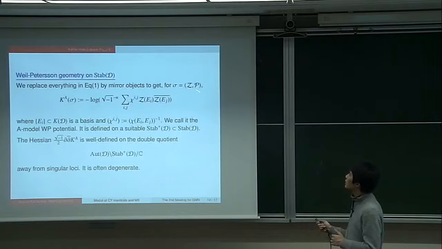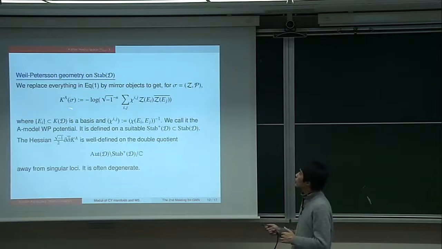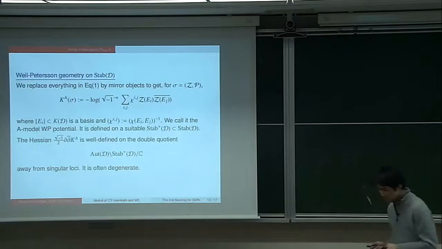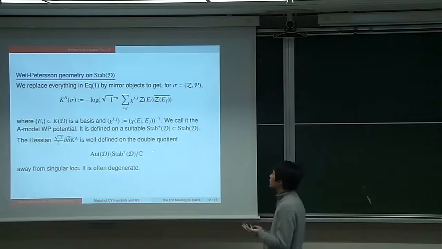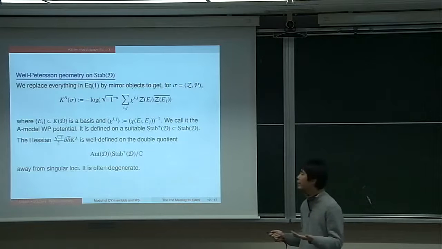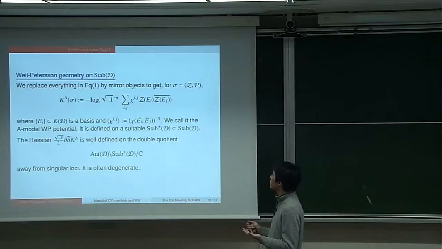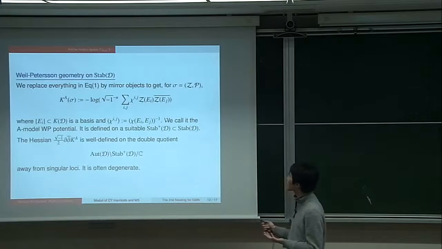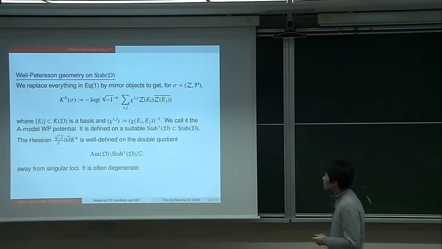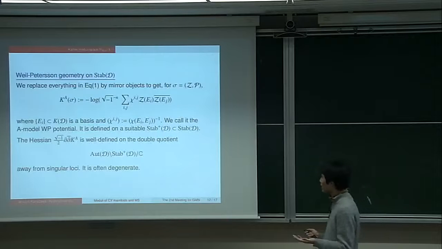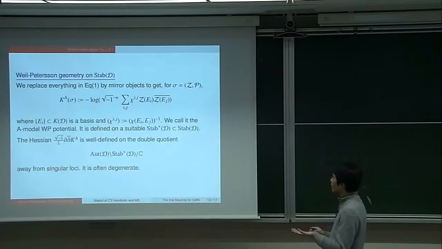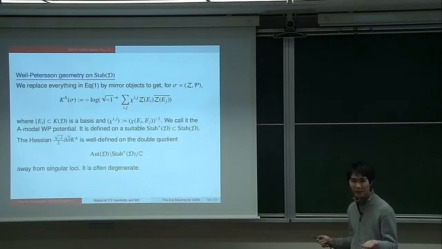And so given a stability condition, you consider a function of this sort. Where, instead of Lagrangians, we consider some basis of the K group of the category, and consider the Euler pairing of the category and take the inverse matrix of that one. So if X is a compact Calabi-Yau, this is symmetric, and it has an inverse. So this is well defined.